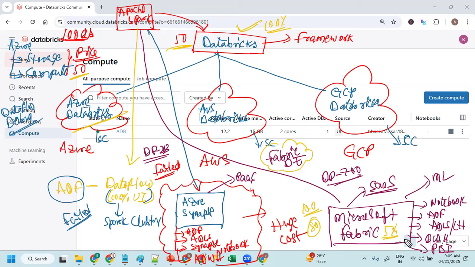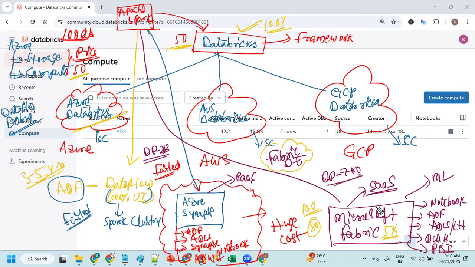After 2 years, when Microsoft Fabric becomes popular, then Azure Data Factory and Azure Databricks will be affected. Data Factory also, I'm sure, in 3 to 5 years, mark my words, you may not have Data Factory alone. That will be there with Fabric only. That means data ingestion we will do with Microsoft Data Factory within Fabric only. So Fabric is an umbrella.